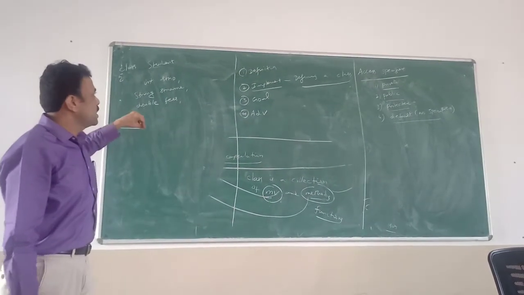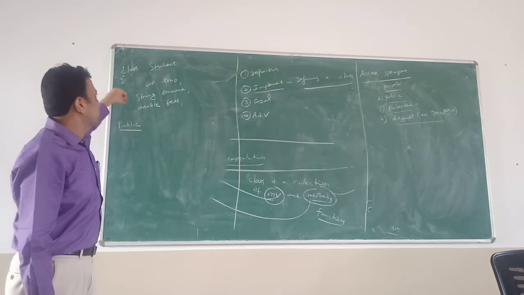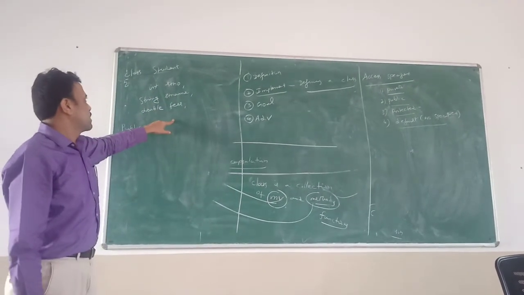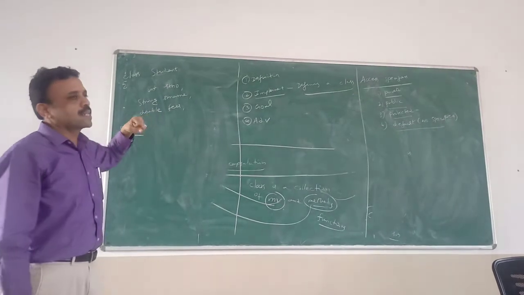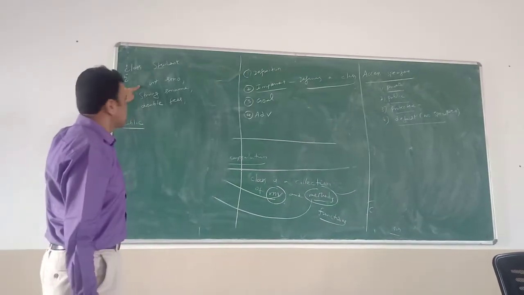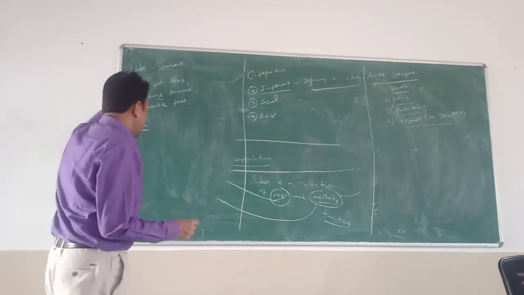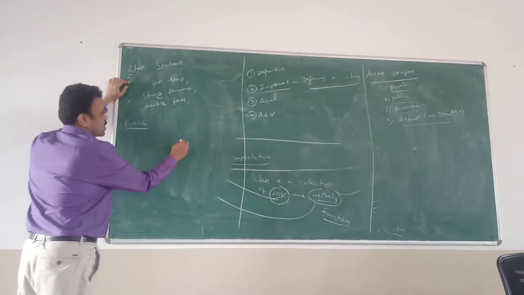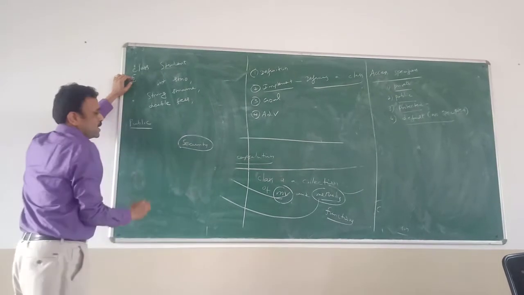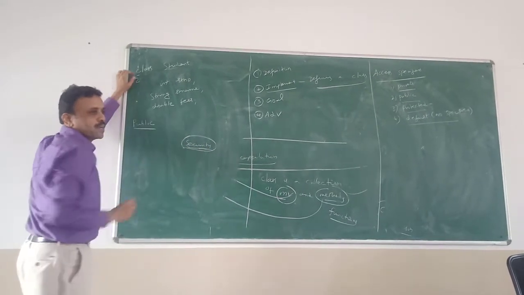Normally we give private access specifier for member variables. Why? Because we want to protect the data, we want to secure the data. So we give the access specifier private.